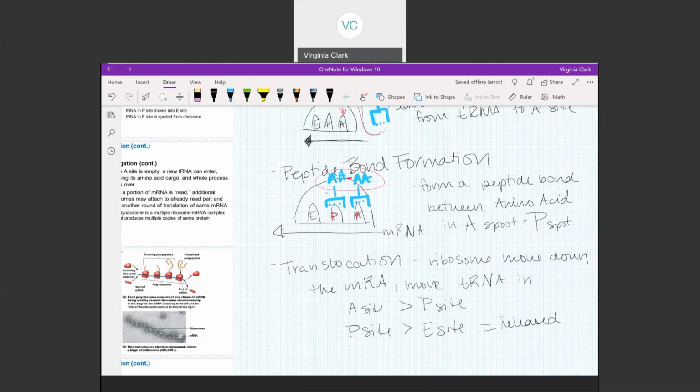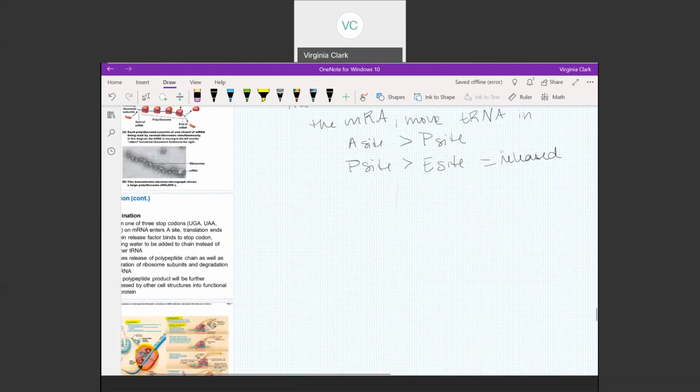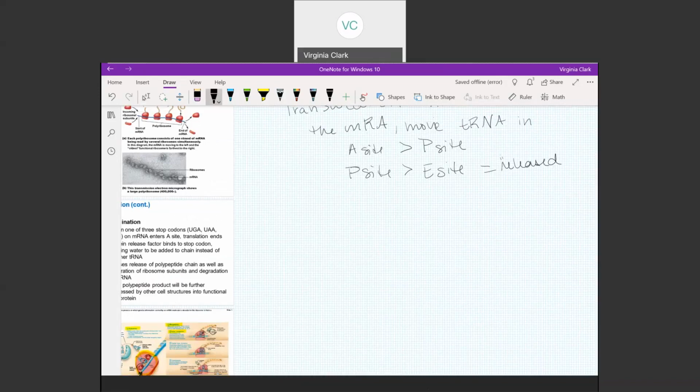So if we take our little picture here, here is my ribosome, A, P, E. Here are my amino acids. Here's my amino acid. Here's my peptide bond between the two.